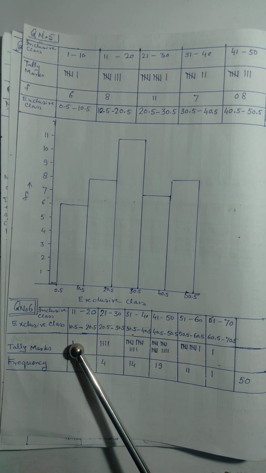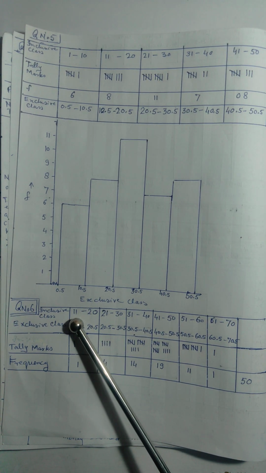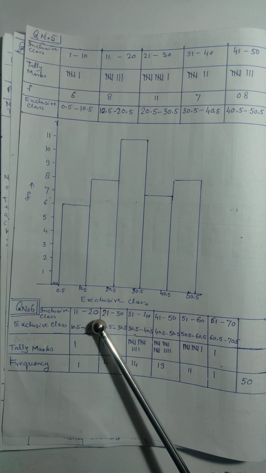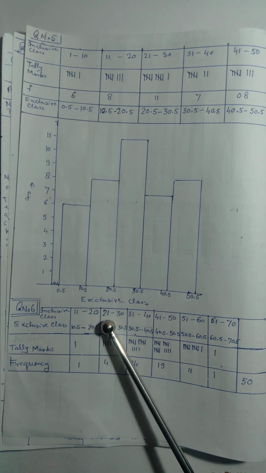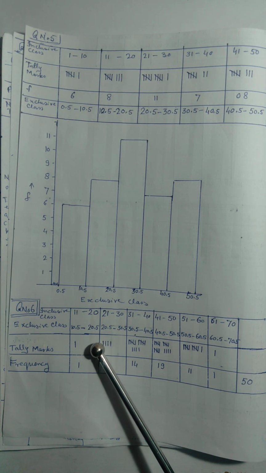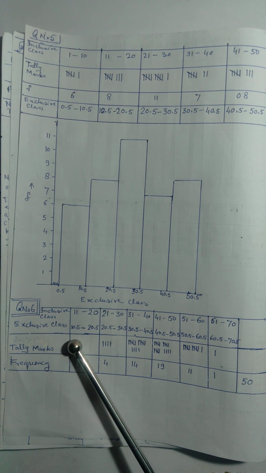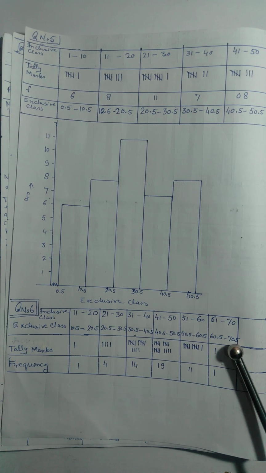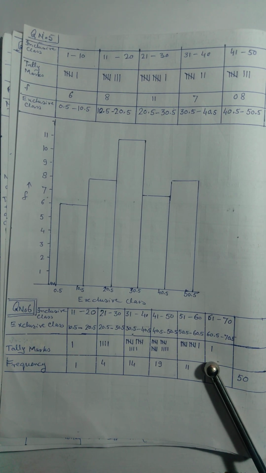In the beginning, you see 11 to 20. What was the class interval? Because both are counted, 10 is the class interval. Now subtract 10 from 20.5, and you will get 10.5, the lower limit, and the rest of the limits you can easily find.